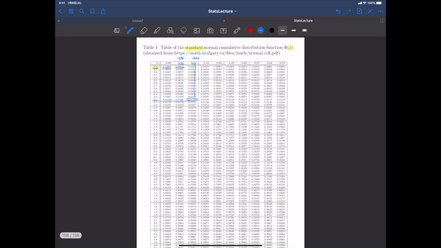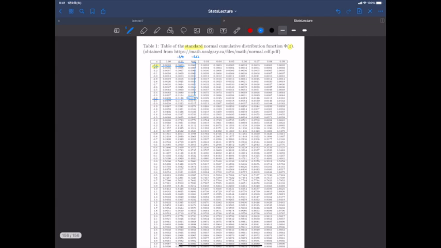So that's how you use this. Basically, if we have this density function of the standard normal distribution, you pick this number, and we are calculating the area under the curve from negative infinity up to this point you have chosen.